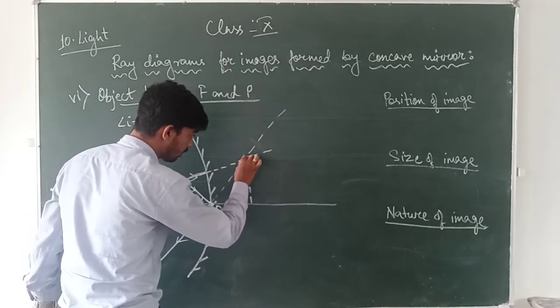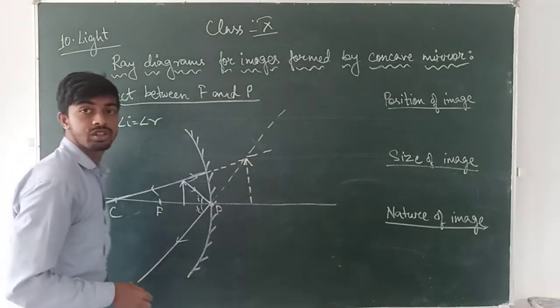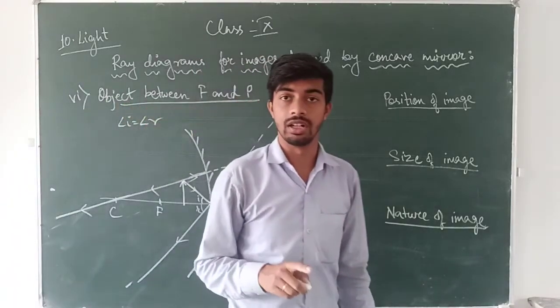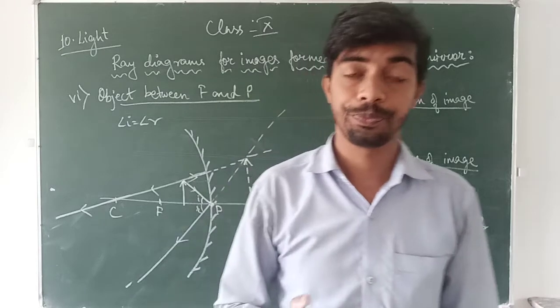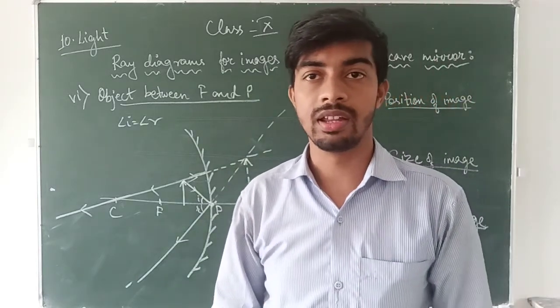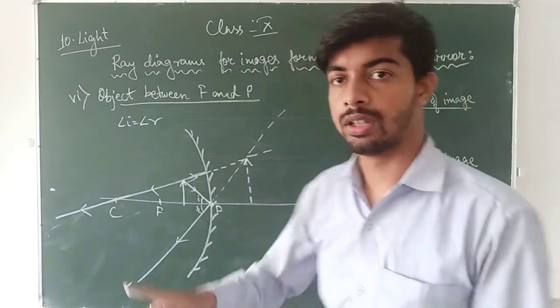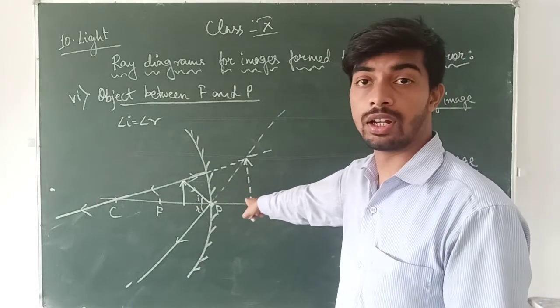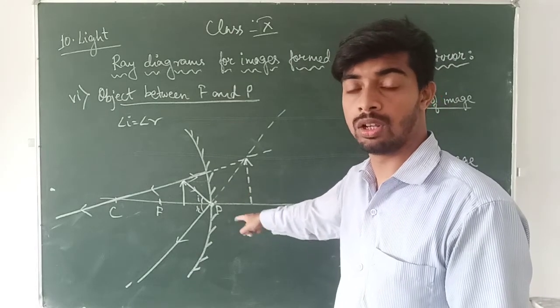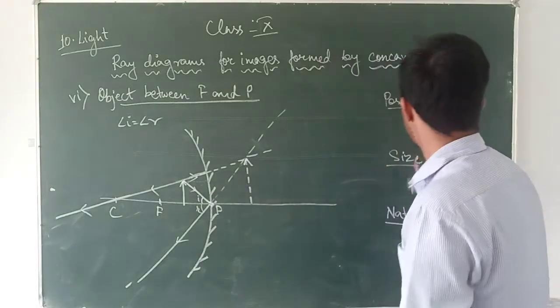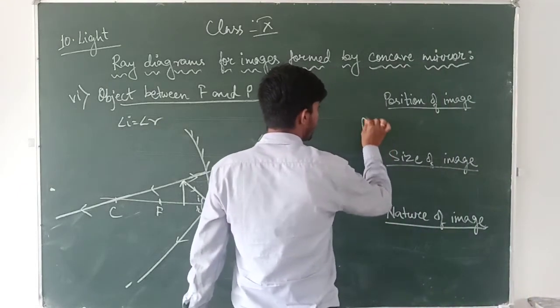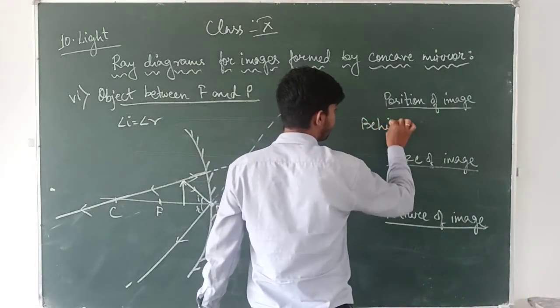Now you see here we got the image direct, we got the image straight. So I told you earlier, a real image is always inverted. Now this image is not inverted, so this image is virtual, means not real. So here, position of image: behind the mirror.